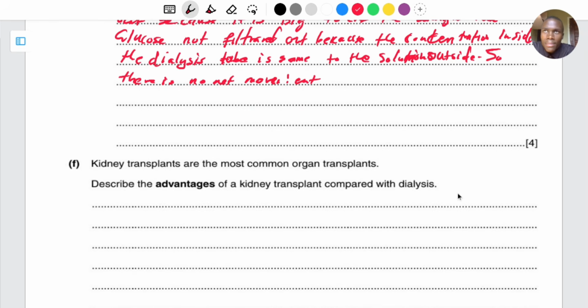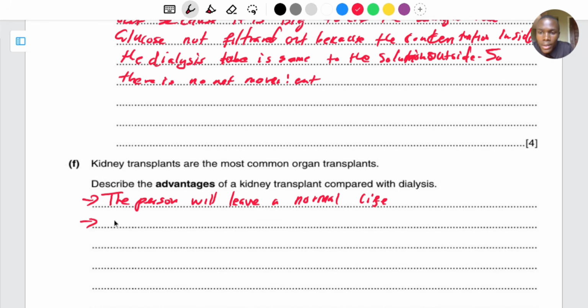So when you're using dialysis, meaning to say you'll be visiting the hospital regularly, like 2 days in a week, but when you undergo a kidney transplant, that one acts as the normal kidney. So the person will live a normal life.